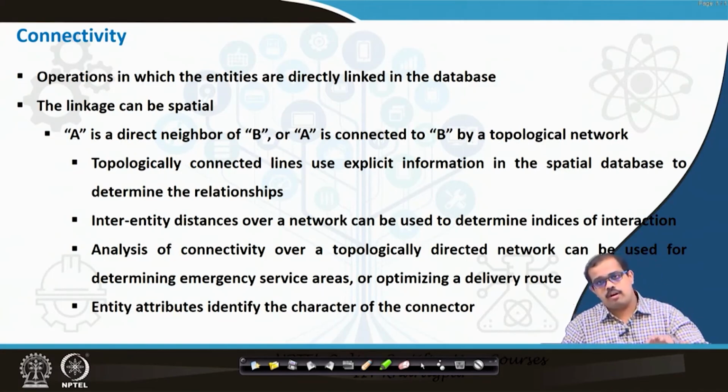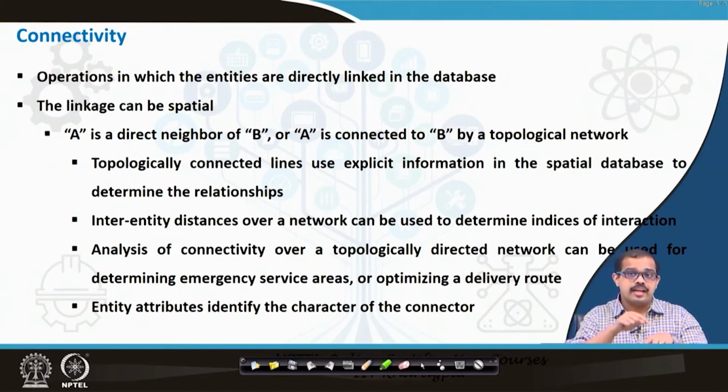If we consider a point A and a point B, both are direct neighbors, but they are connected via a topological network. With topologically connected lines, explicit information in the spatial database determines the relationships among them. Neighbors is a relationship, and being connected by such distances and having such topological connections is again a relationship.